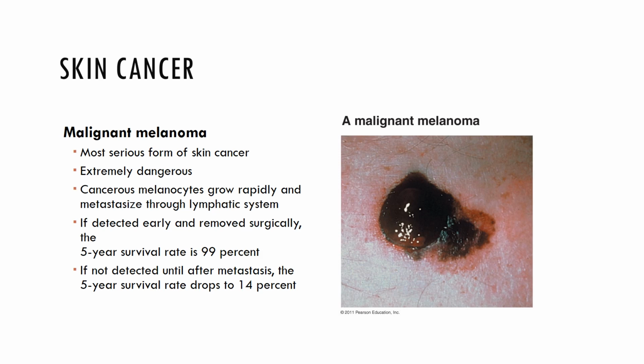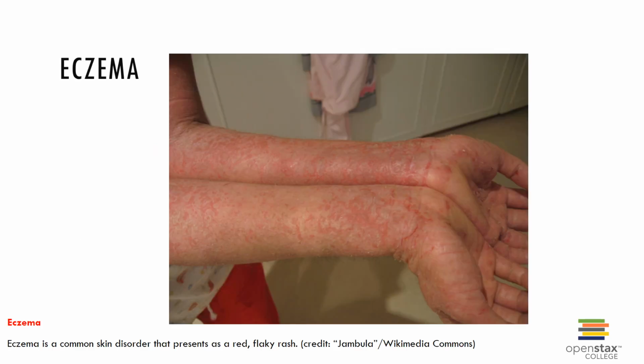It can develop in pre-existing moles. And again, prevention is early detection via the ABCDE rule. It can be treated by wide surgical excision accompanied by immunotherapy. Now, there are other forms of skin disorders that you should be familiar with.